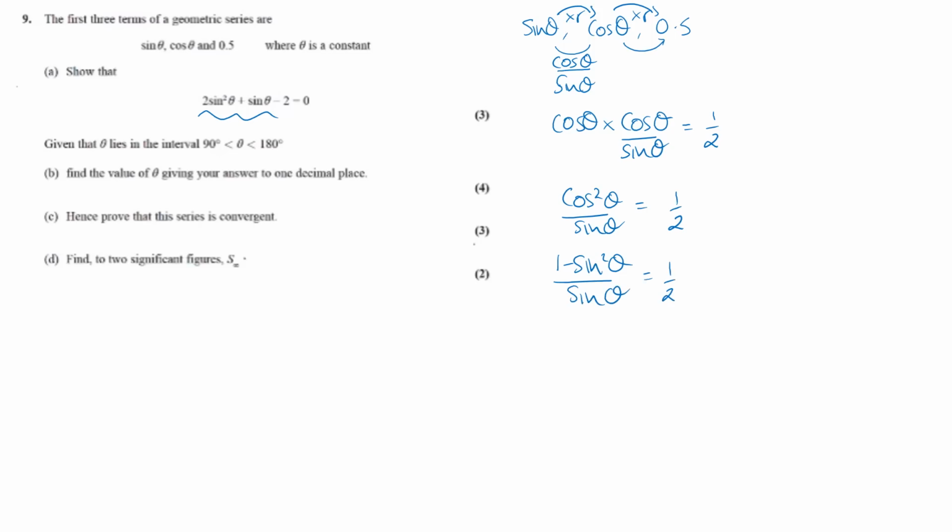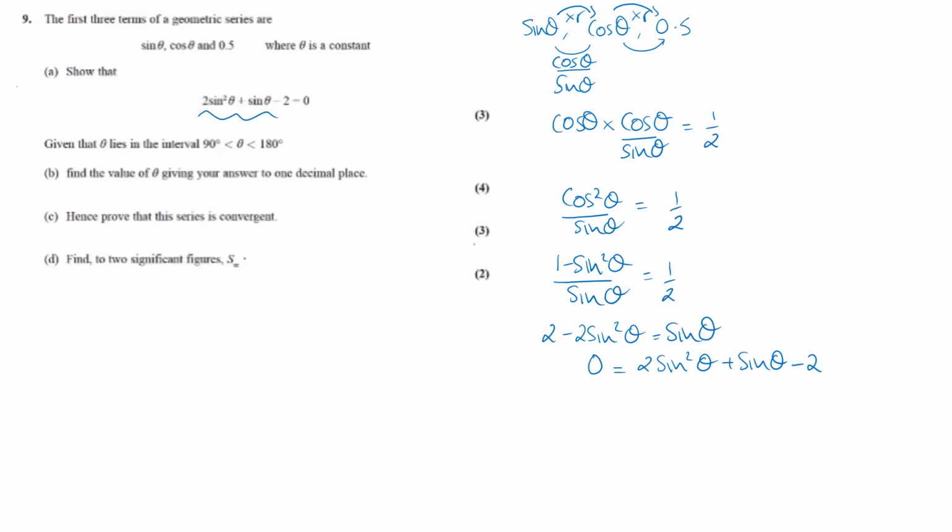Then we can just cross multiply, take that 2 up, we'll have 2 minus 2 sine squared theta is equal to sine theta, and then just rearrange and take the quadratic term over to the right. We'll get 0 is equal to 2 sine squared theta plus sine theta minus 2. The sine theta has stayed still, and the 2 has also come over to be minus 2. So we've got that for our 3 marks for part A.